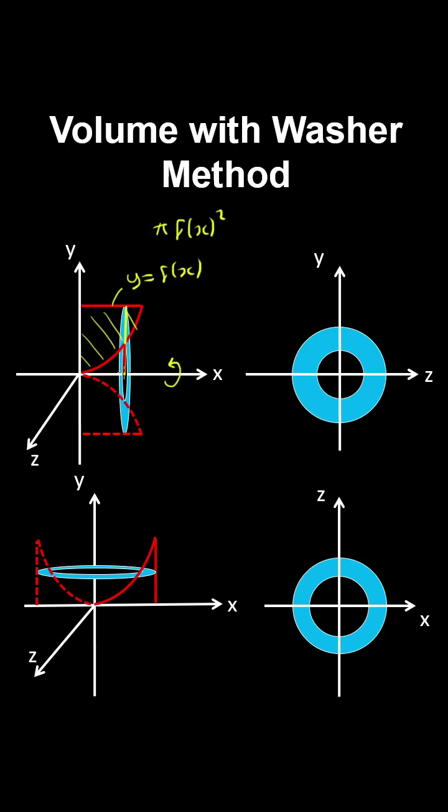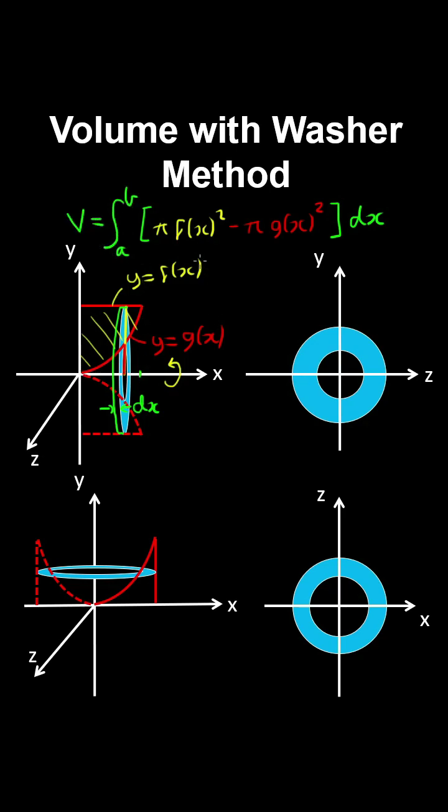And the radius of the inner circle of the washer is going to be described by this curve. So therefore, we subtract the area of that hollow circle. And then giving the washer a thickness in the horizontal direction, we obtain the volume of the washer, and then we integrate from x equals a to b to get the volume of the solid. And I encourage you to try this method on this case, where the region is revolved around the y-axis instead.